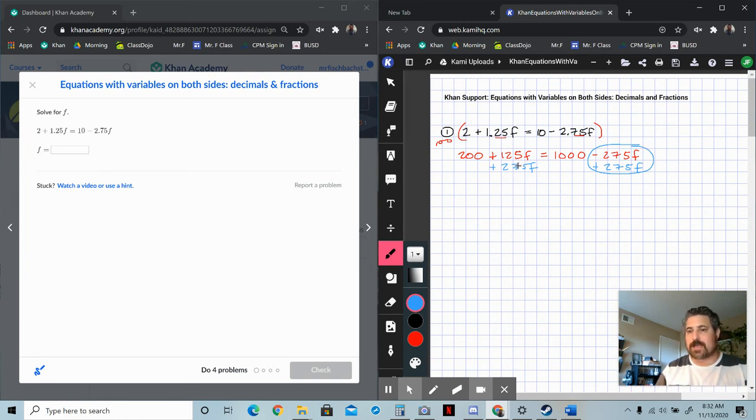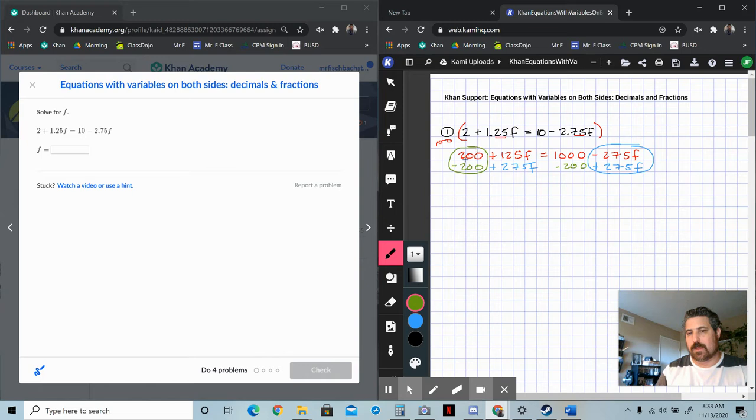At the same time, I would get rid of this plus 200, because your goal is to bring all your variables to one side, and all the constants or numerical values to the other side, because you want to get the variable by itself. So I would add negative 200 to both sides. And now this is a 0 pair as well.